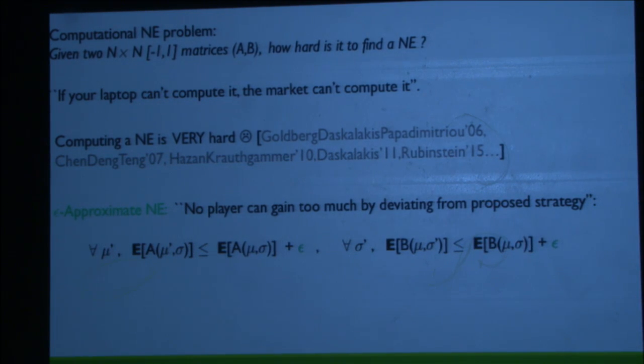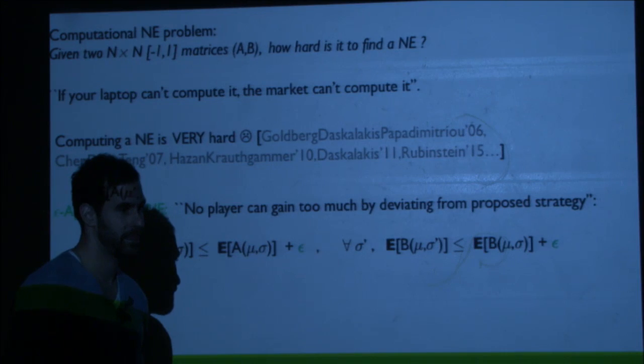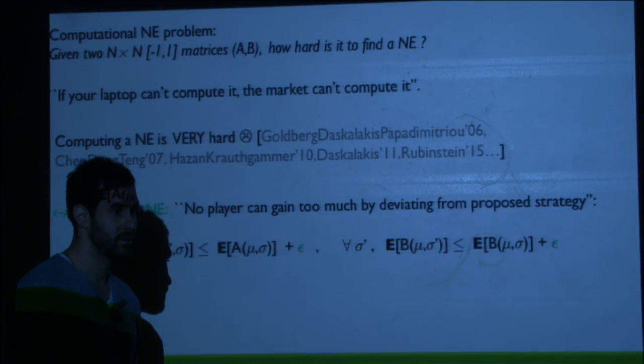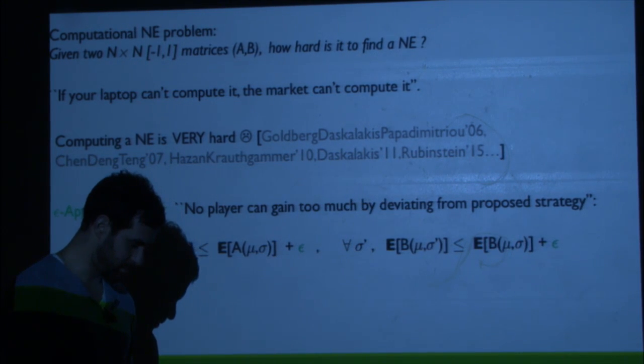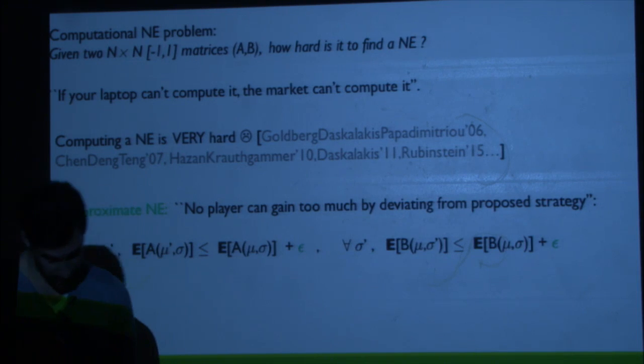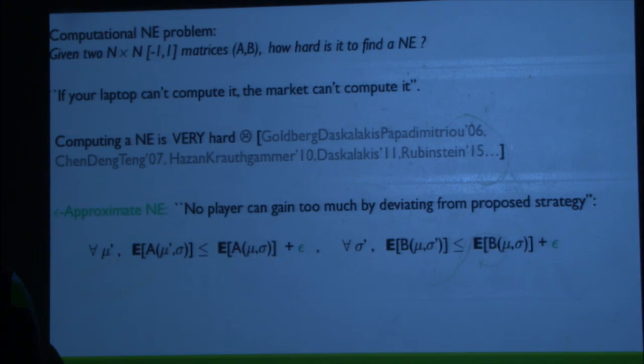About this hardness result, the values themselves in the matrix, what if you restrict them to a very small set of values, say plus minus 1, or a very small alphabet? Is it still hard? I think that is a good question. Isn't that about the support size?